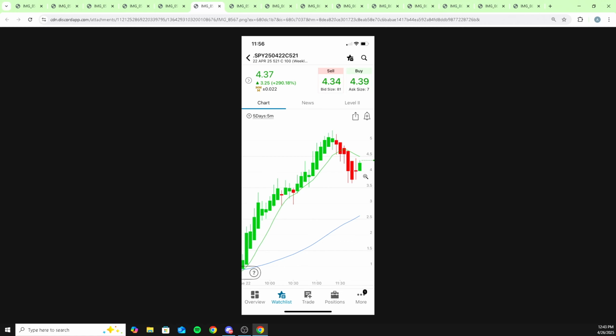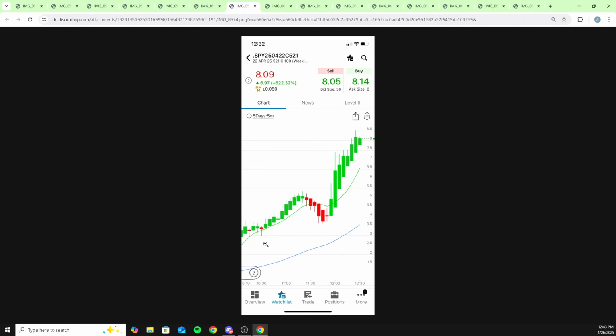Not my typical entry, but we got a crazy move out of it. Look at this move, there was a massive candle. I caught like 120, 125 points on this, which was a crazy move for a neutral market. I was up about 120, took my points, and it ended up going higher, but I don't really care at that point. That was a super good trade, and probably one of the biggest trades I've ever had in a neutral market. It is what it is.